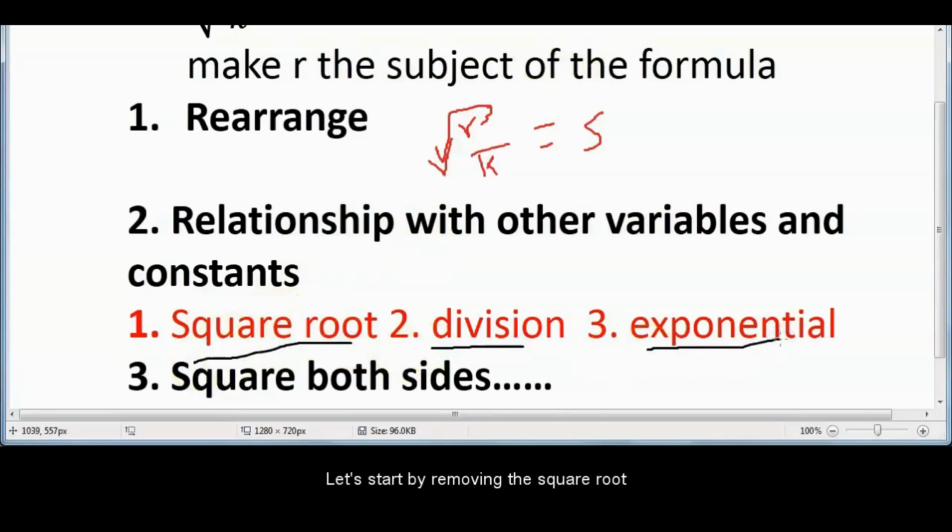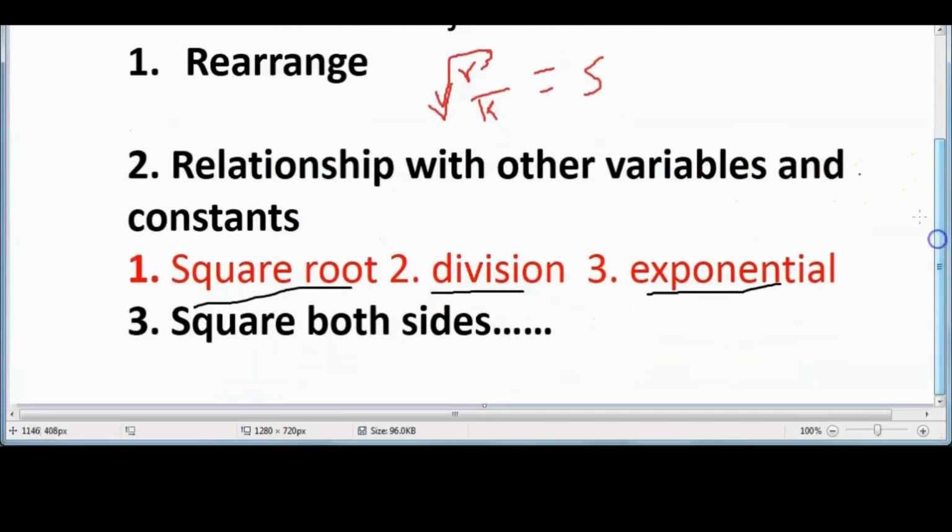Let's start by removing the square root. The opposite of square root is a square, so we square both sides.